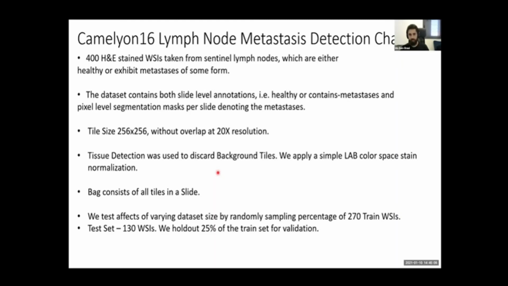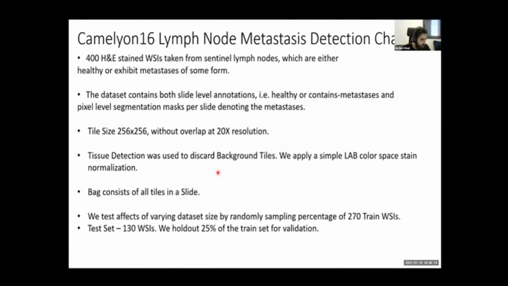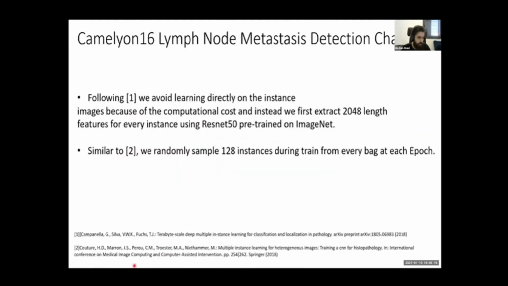So this can be tens of thousands of tiles per slide. One thing proposed in this paper is that instead of taking all the instances at every epoch, we sample 128 at each epoch.